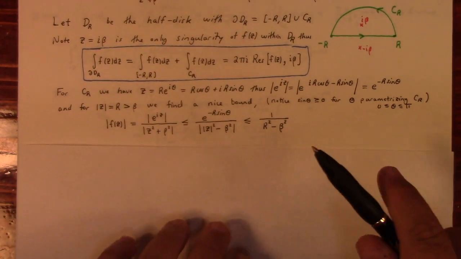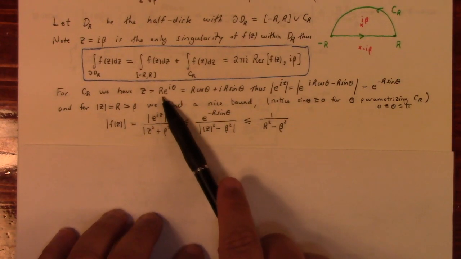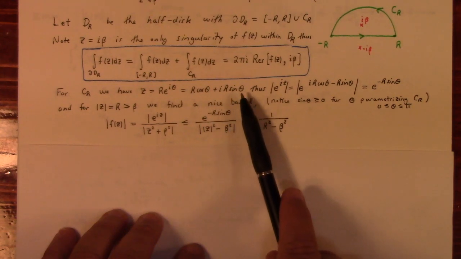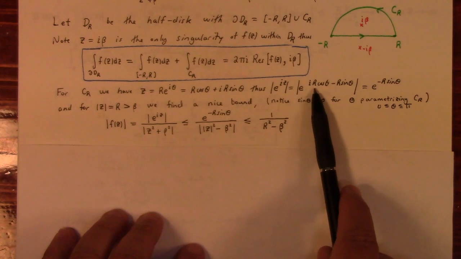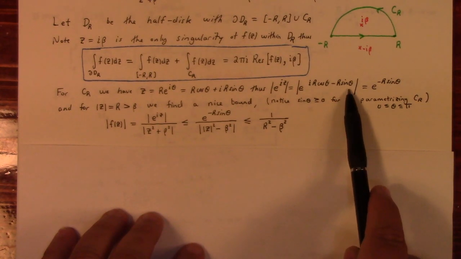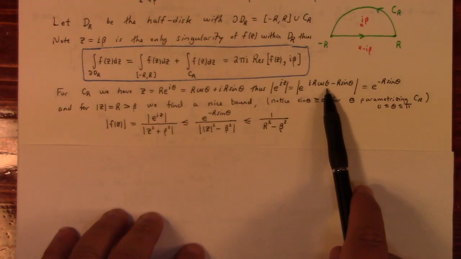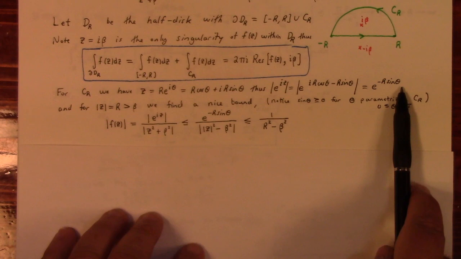So for the integral over the half circle, we have z equals r e to the i theta, which is, by the way, r cosine theta plus i r sine theta. So when we plug that into e to the iz, we get e to the i r cosine theta minus r sine theta. The imaginary part times the real thing has modulus 1. That dies in the calculation, and we're just left with e to the minus r sine theta.